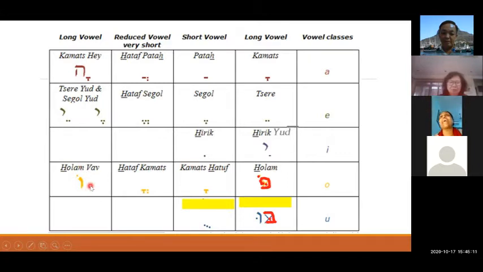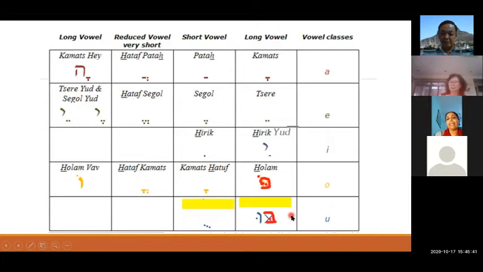Like if you look at the word Elohim, on top of the letter Lamed you just have a dot. That's the Holem. This Holem with the Vav is the Holem Vav. It is only the long O vowel. All of this is useful to remember for pronunciation, but also when we move on to grammar.